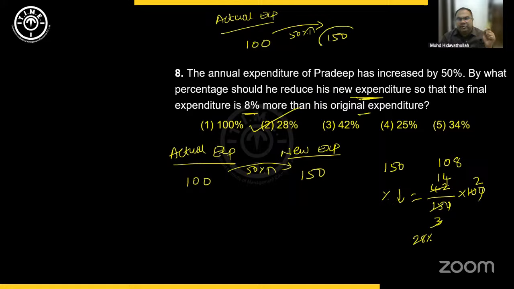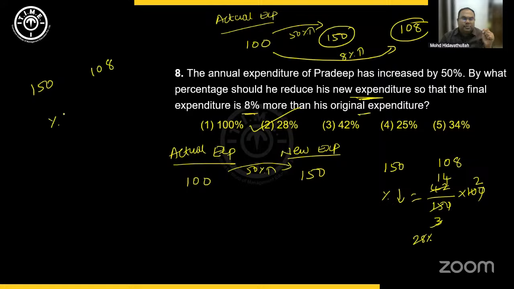It has become 150. Now my final expenditure is 8% more than actual expenditure, that means it should be 108. From 150, you should make it 108. How much percent do you have to drop? Difference 42 by initial value 150 into 100. 28%.